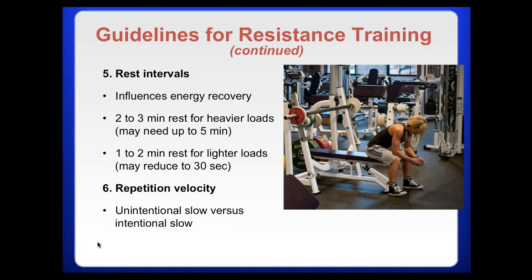Whereas intentional slow velocity is when a person is training with submaximal load and is purposely moving through the exercise slowly. Usually because we have beginners performing exercises slowly to really understand what they're doing, they're using the intentional slow velocity. So it's really great for untrained people to do this type of repetition velocity.